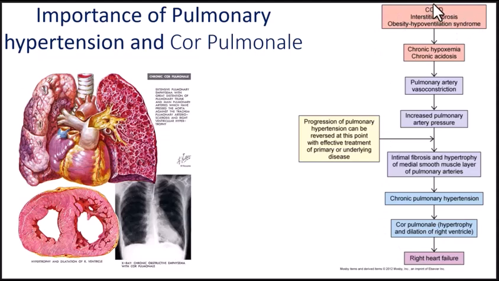And right from the beginning, one of the causes of right heart failure can be COPD. And at the time when we reviewed this flow chart, you didn't know much about COPD, but now that you do, you can apply what you know about it to the development of right heart failure.